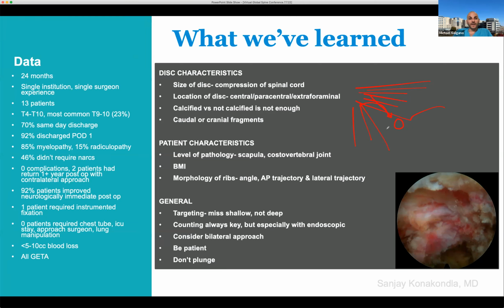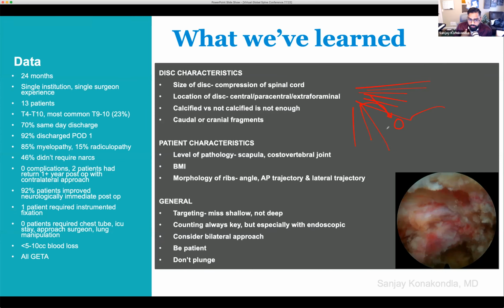Maybe if it's bilateral, or some of these ones that also have some element of calcification of ligamentum flavum, facet hypertrophy in combination with the thoracic disc herniation. So I'm just curious what your thoughts are about that topic.